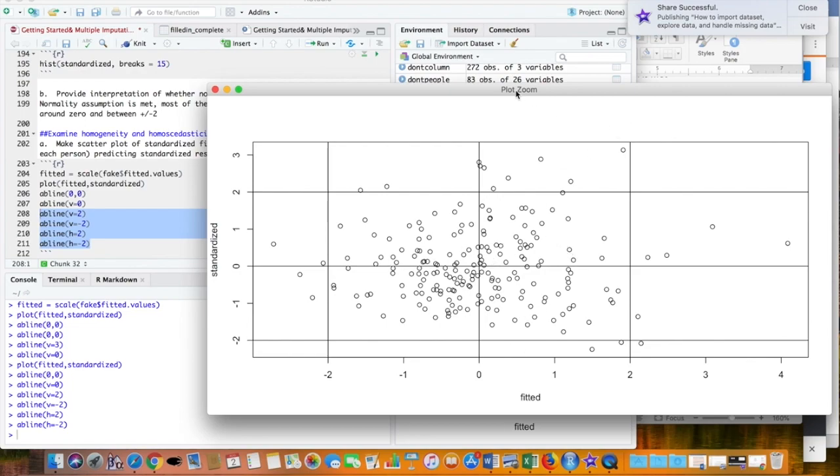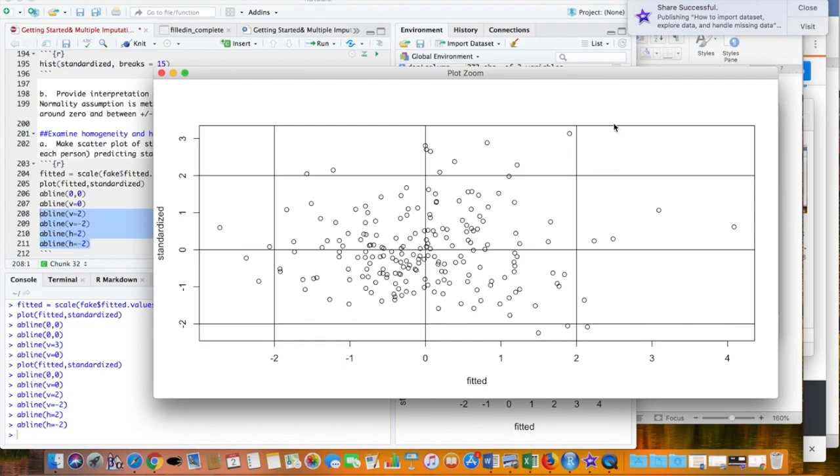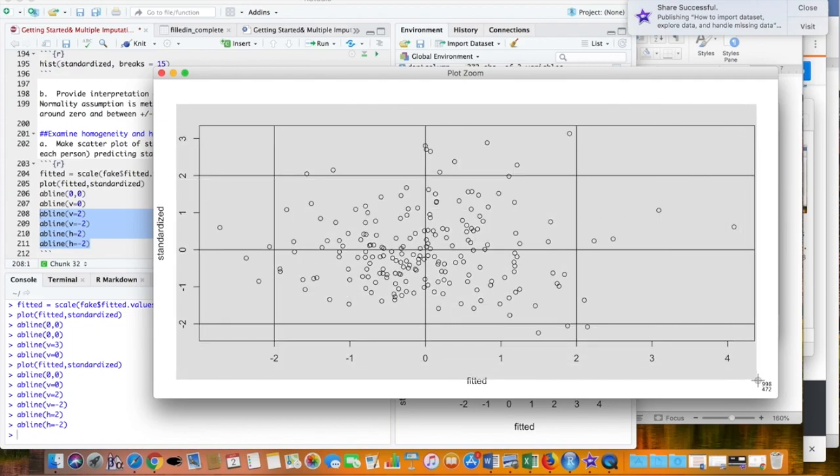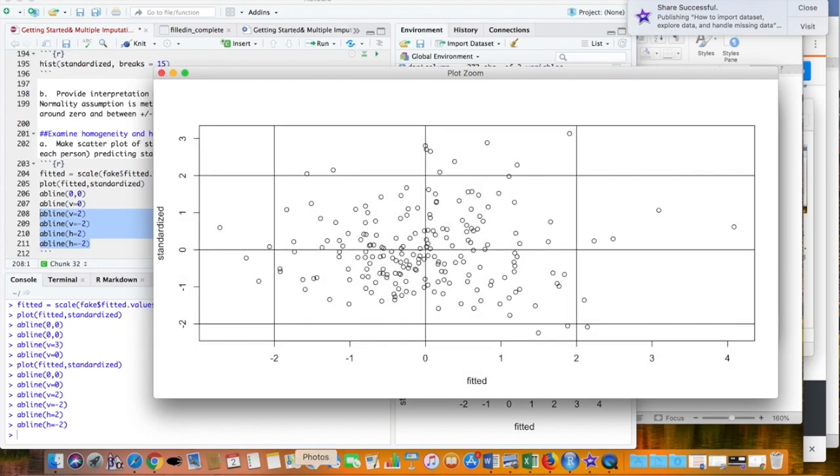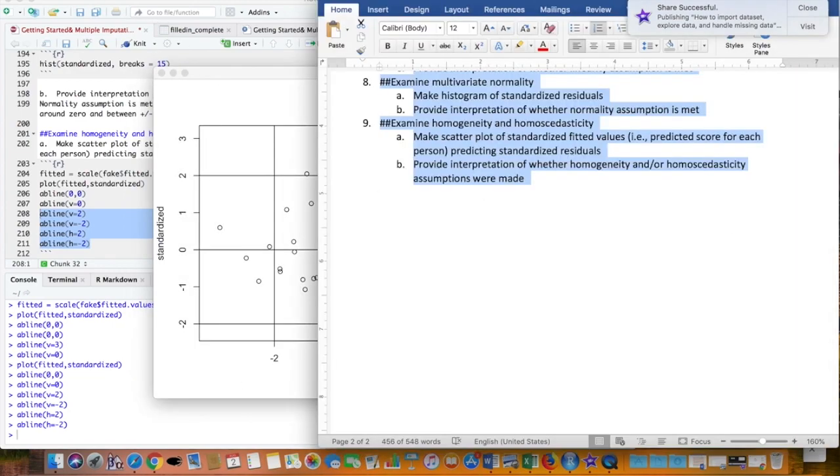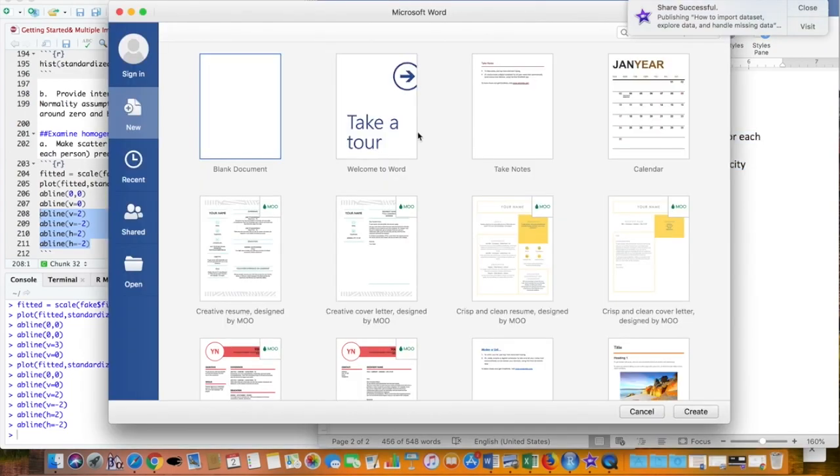One thing that you could do, and you don't have to do this, is take this picture, open Word, and paste it in Word.